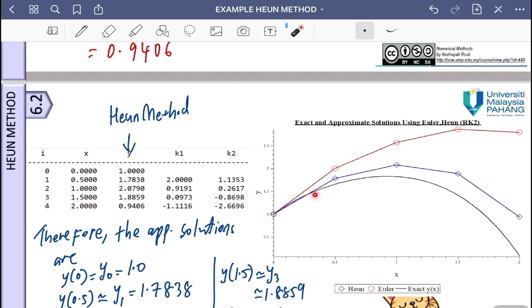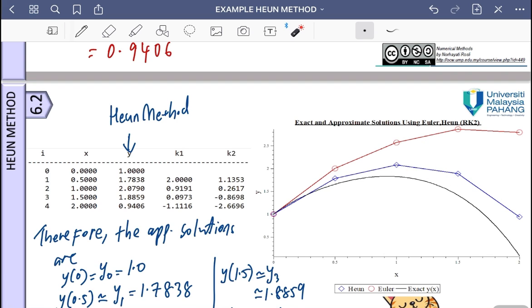Okay students, if you look at this figure here, this is the comparison I plotted. I do not show the detailed exact solution, but I am just showing you a graphical illustration. The black curve here is the exact solution; you may refer here to exact, Euler and Heun. The red curve represents Euler's solution, and the blue curve is the values that we obtain by using the Heun method.